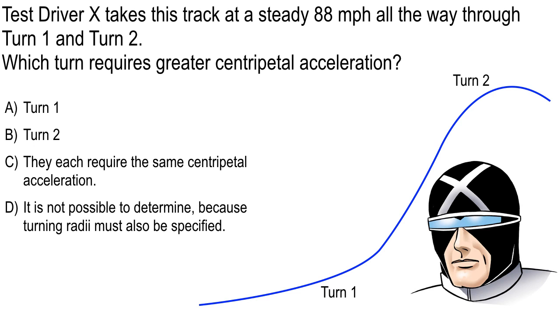Centripetal acceleration. The Nardo ring. Now we don't have circles here, we just have parts, and they're not even perfect circular arcs. They're kind of straightening out and curving back.